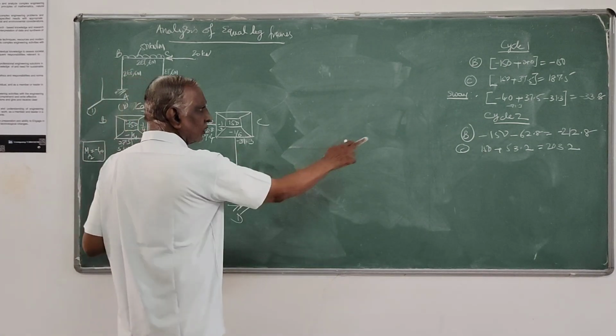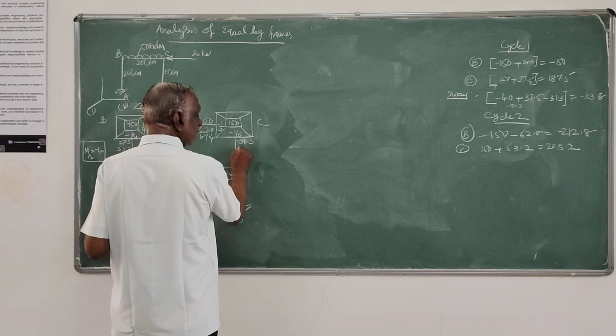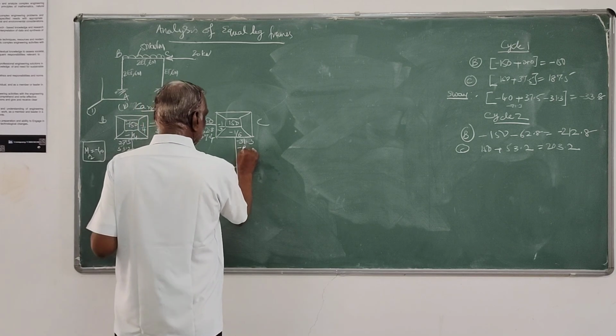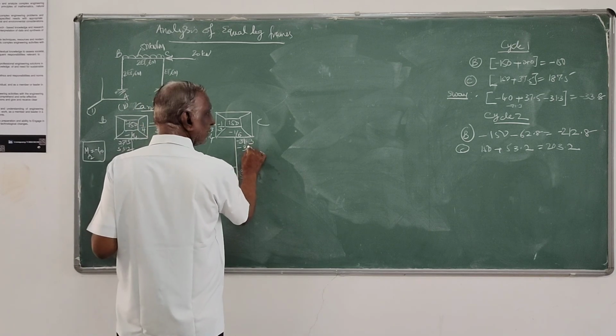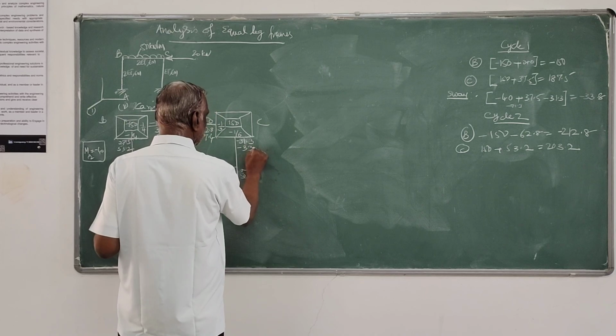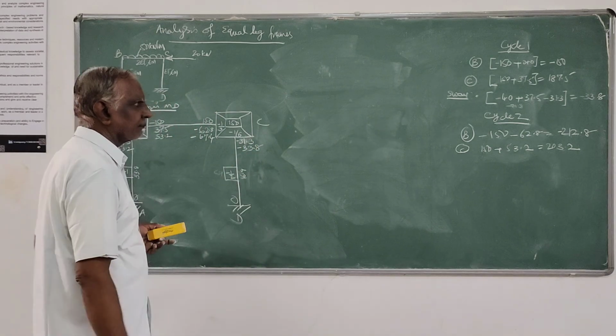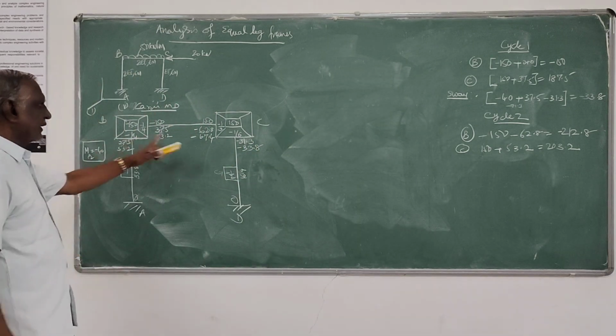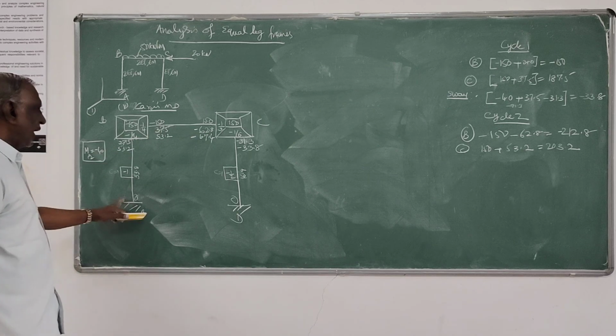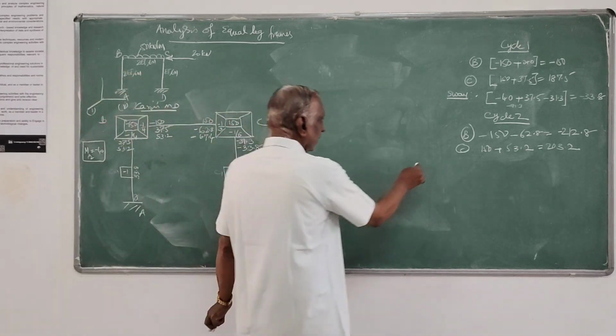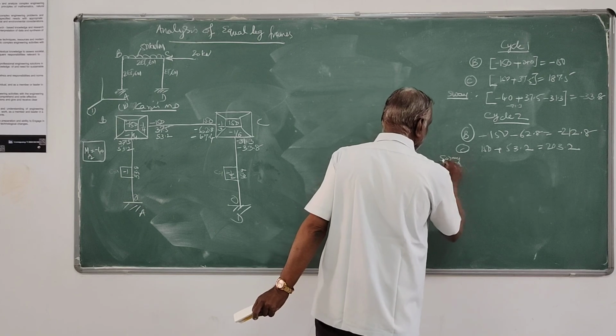Then here it is 203.2 times minus 1 by 6, that is minus 33.8. So this is the rotation contribution at B and C. At A and D again it is 0. Let's go to sway contributions.